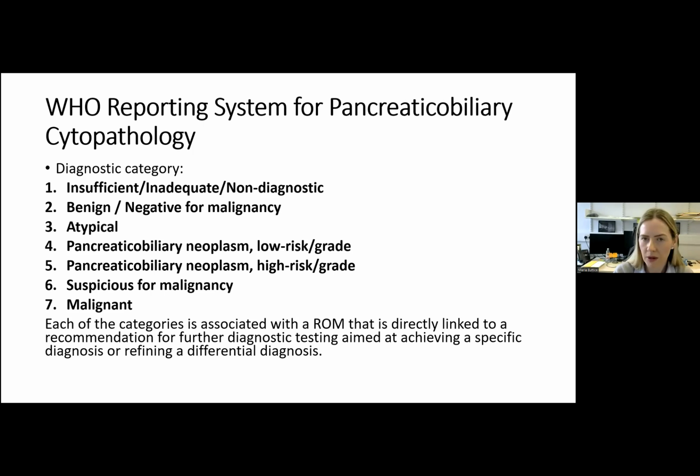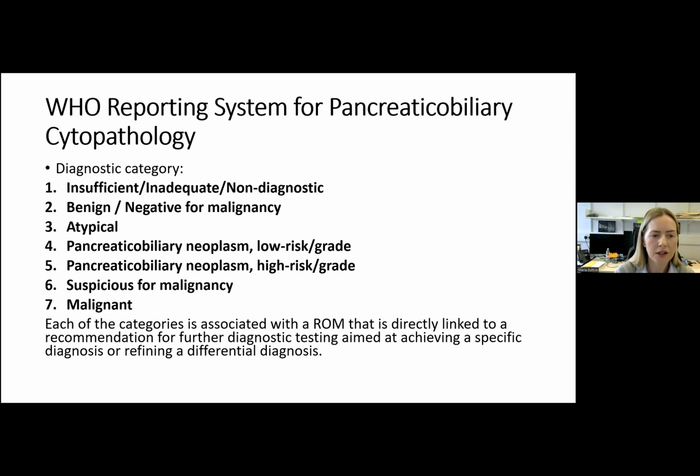Then you have the atypical category, which again is the same as the Papanicolaou. Categories 4 and 5 are the neoplastic other, which was in the Papanicolaou and now has been subdivided into low risk grade and high risk grade. These are often intraductal or intraepithelial neoplasia and mucinous cysts, which we can stratify into low risk or high risk depending on the degree of cytological atypia that is seen. Then we have the suspicious for malignancy category, and finally the malignant.